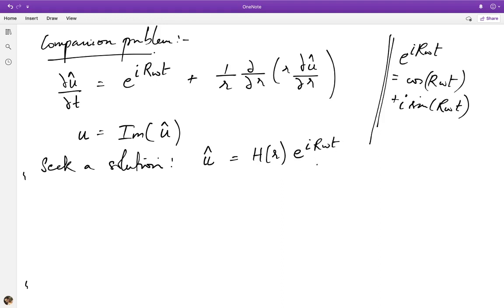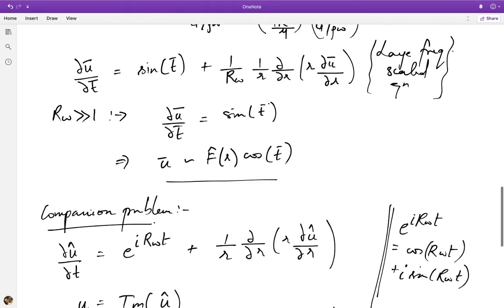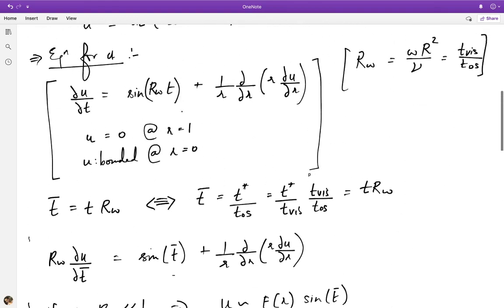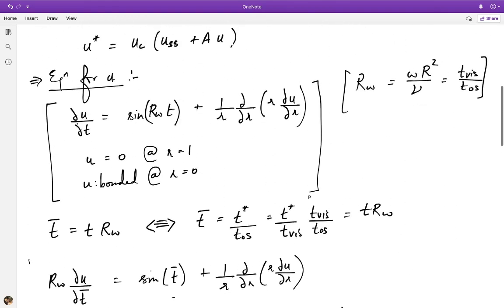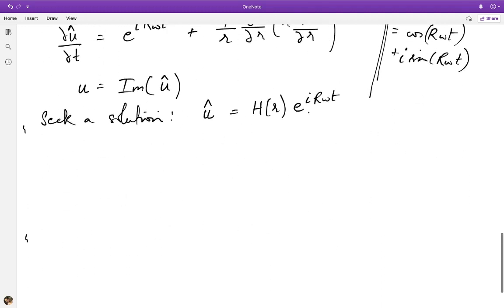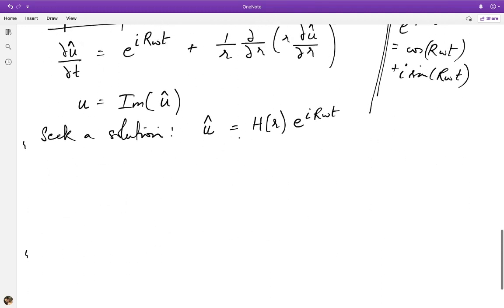So the kind of separation that I wanted is possible when I go to this companion problem in the complex variable space, which I could not do in the original problem because I knew that there could be a cosine response in u. So this allows me to factor out the time dependence from the problem. So let's go ahead and do that now for the companion problem, remembering all the while that ultimately I want to take only the imaginary part of u hat.